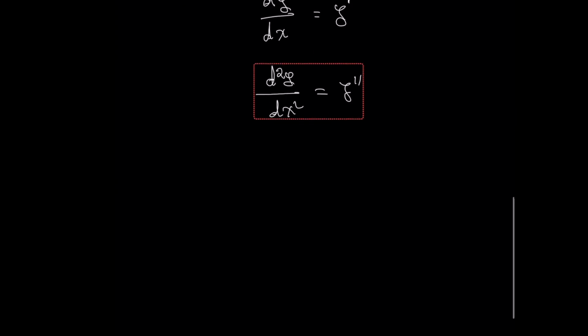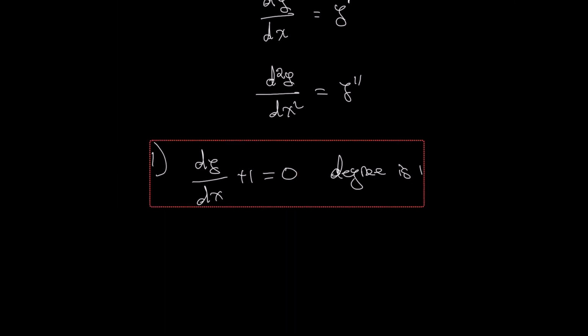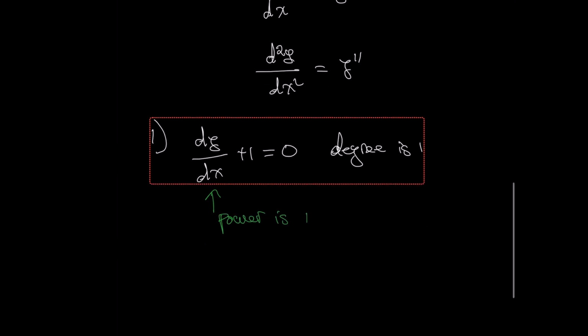So let's look at examples for degree of differential equations. We can have dy/dx plus 1 being equal to 0. So the degree here is 1, and that is because the power of this term, which is the highest derivative, is 1. Let's look at another example.